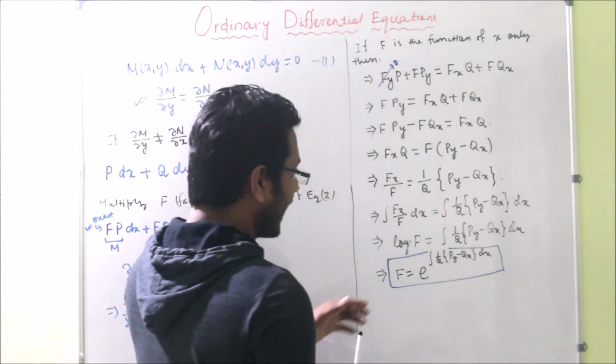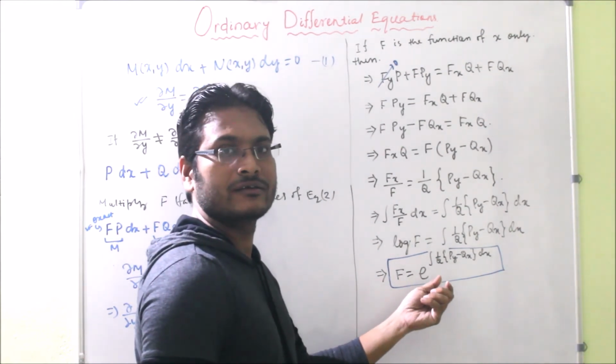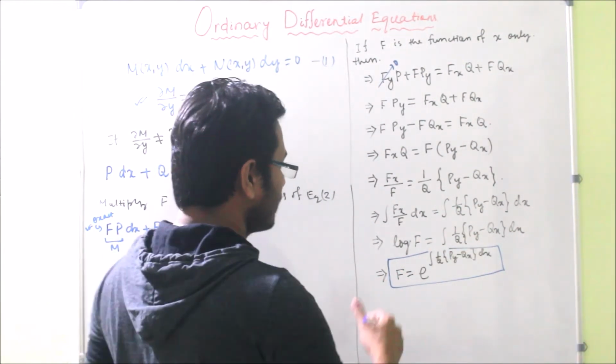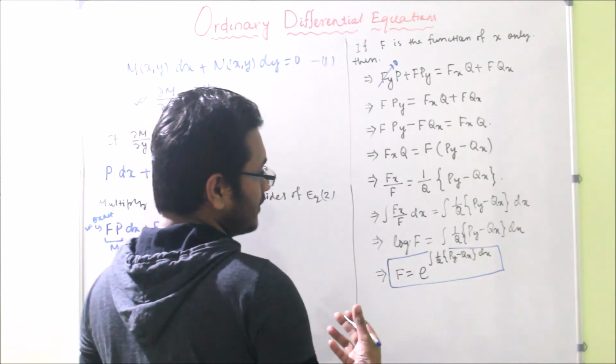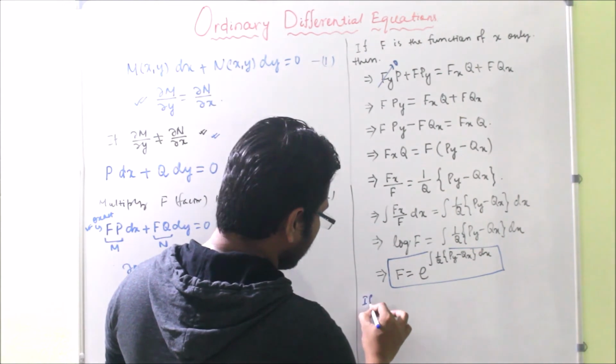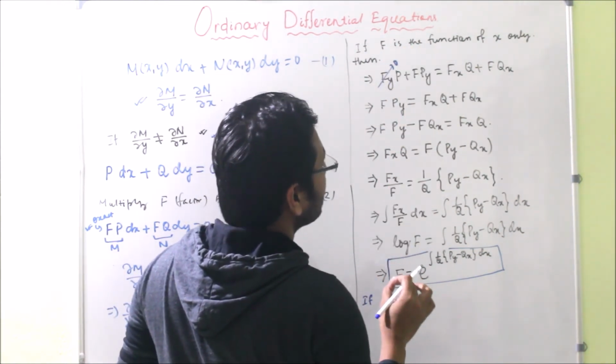And this is nothing but the integrating factor that we will use in the Bernoulli equation. So this is how we find the integrating factor. Now another thing is that here we have taken f as the function of x only.